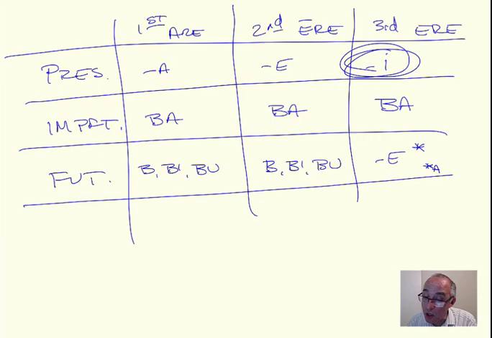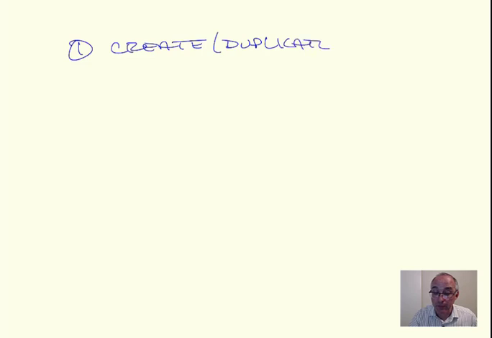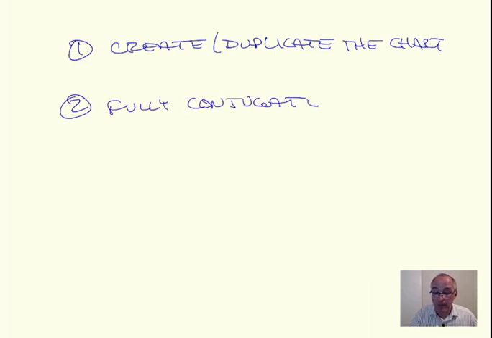So I strongly, strongly, strongly encourage you to create this chart. And now, I also encourage you to, number one, duplicate the chart, and then fully conjugate on your own in the present, imperfect, and future tenses, okay?